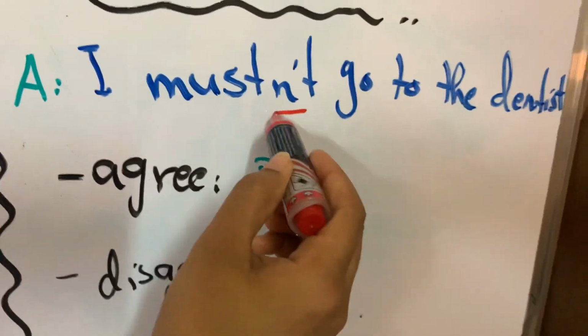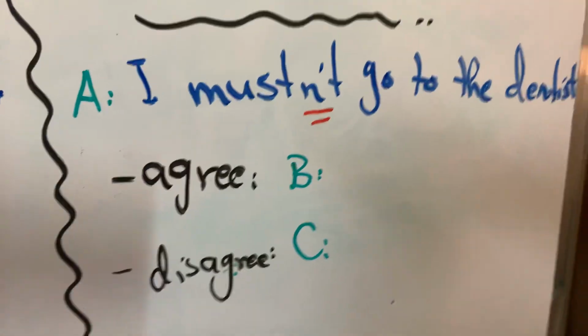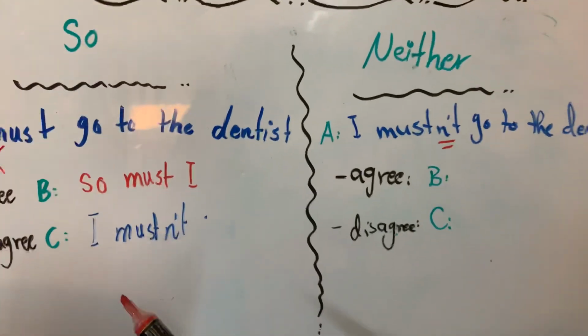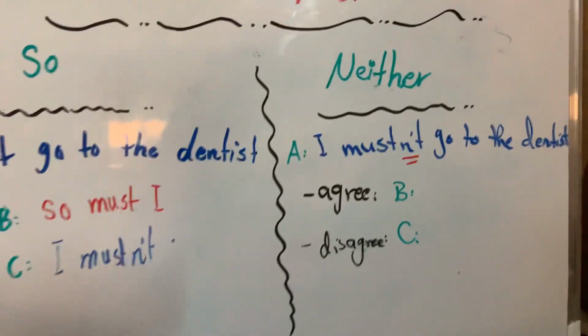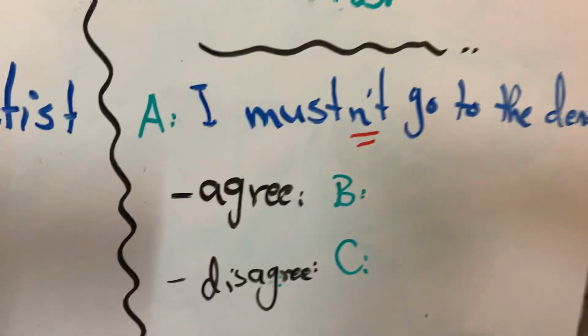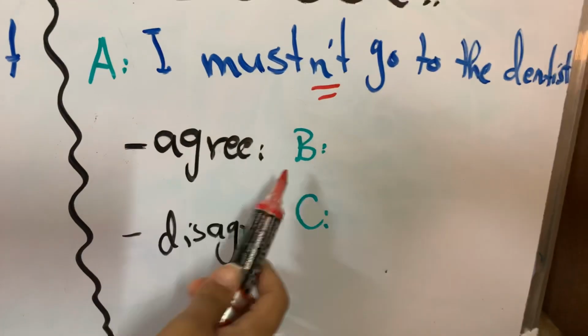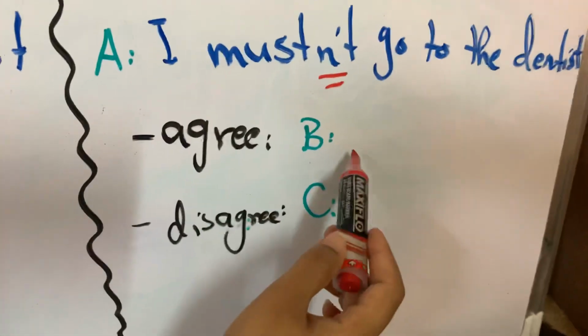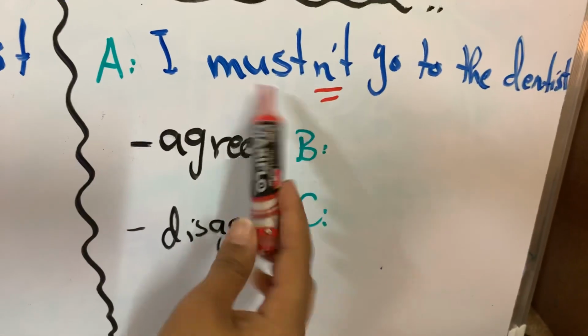I mustn't. The sentence is negative. Here the sentence is affirmative, I must. Here, I mustn't, it's negative. I mustn't go to the dentist. Person B agrees with him. He also mustn't go to the dentist.